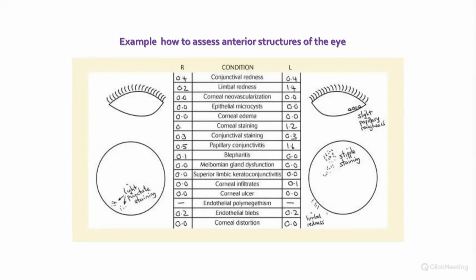Conjunctival redness, you see the right eye is 0.4, left eye 0.4. If you look at limbal redness, there is a difference, 0.2 or 0.4. In this case you are much more precise and can see these changes.